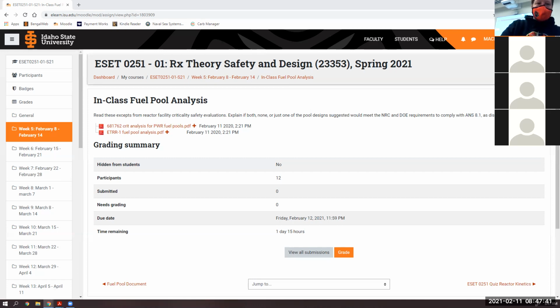And then in the pool analysis, we found the emergency procedures and validation of the calculation method again. Okay, so some indications that both documents have parts that are correct.